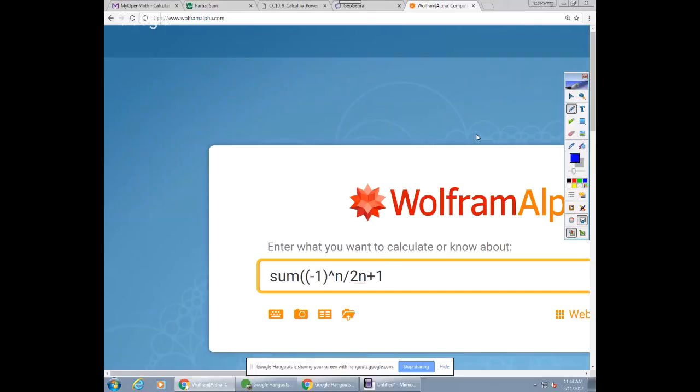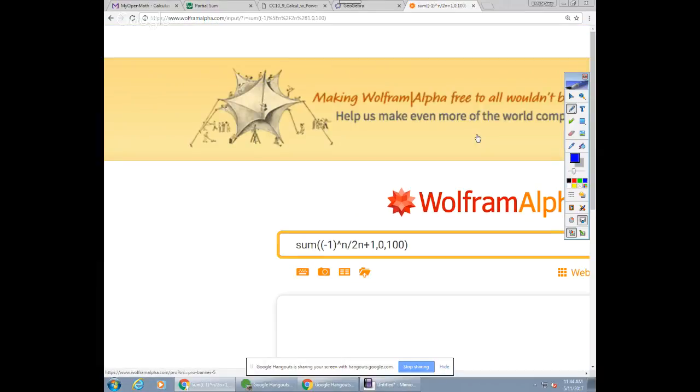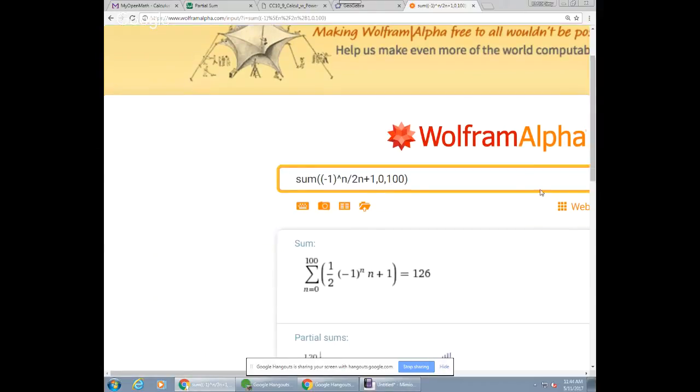And let's do that from 0 to, let's go the first 100 terms, see what it comes out like. Otherwise, Wolfram Alpha will spoil the fun and tell us it's pi over 4. Uh-oh, I typed something wrong. Oh, parentheses, right.